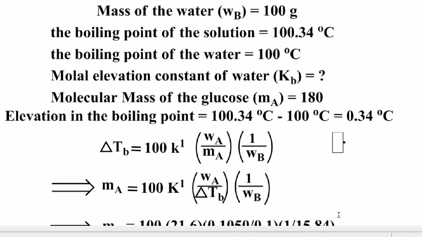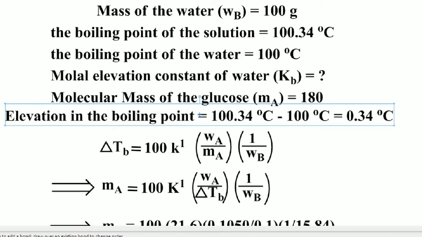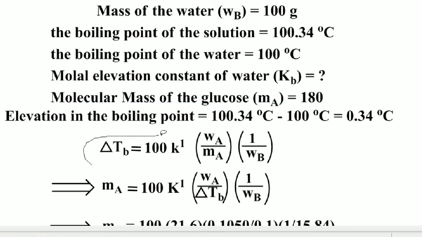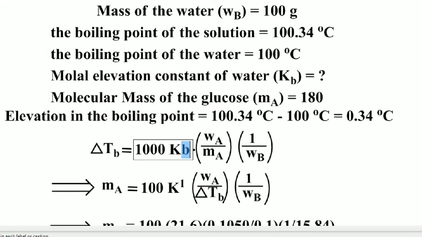Now students, we know the elevation in the boiling point formula. Students, in video module 11, we found the elevation in the boiling point in terms of the molal elevation constant, that is delta TB is equal to 1000 into kb into WA by MA into 1 by WB.